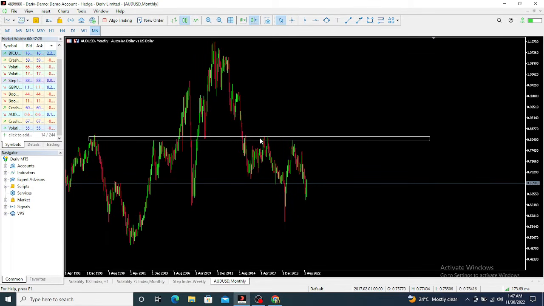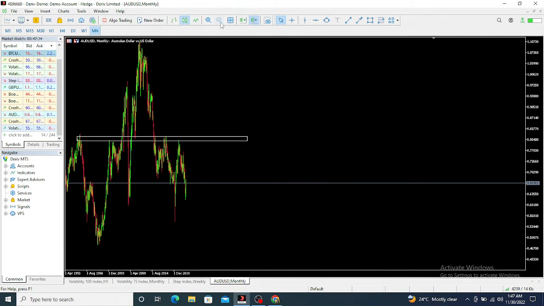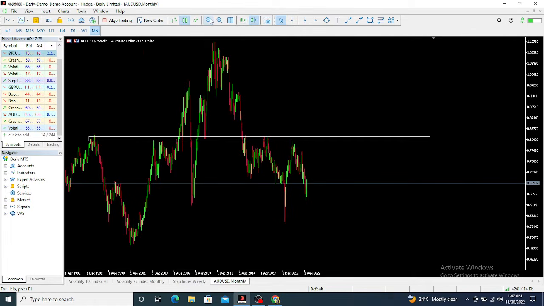Looking left again, still on our monthly time frame. Another thing that is very important is to minimize the screen of your PC or your phone, whichever you're using to trade. You look left again, and you see where we had price bouncing here, here, and here.